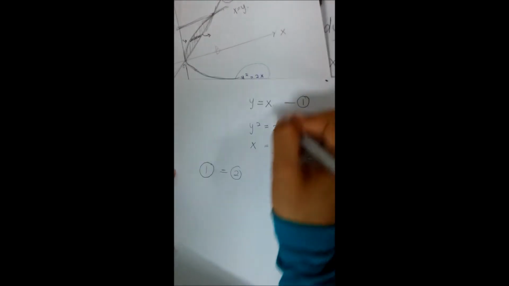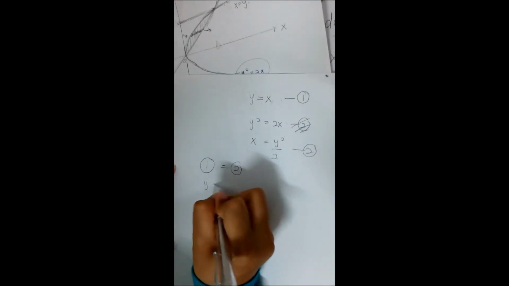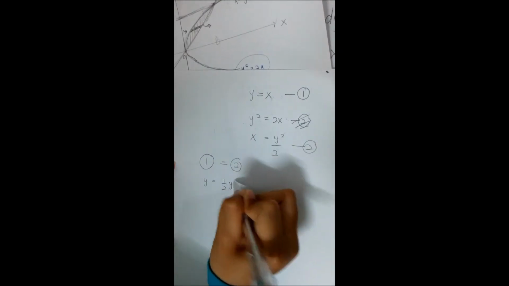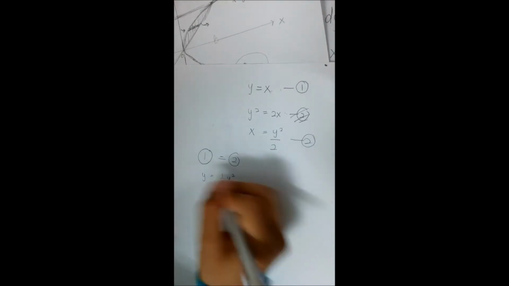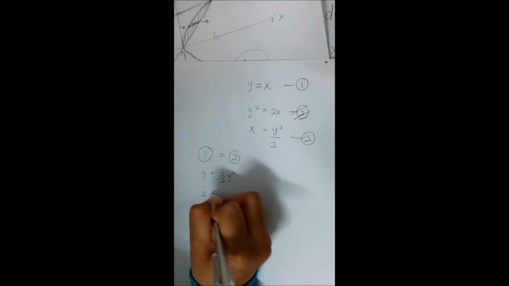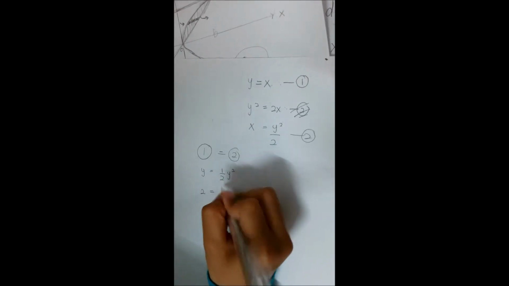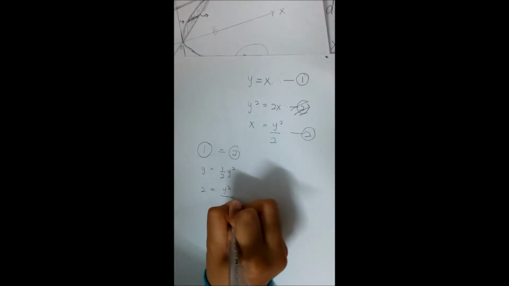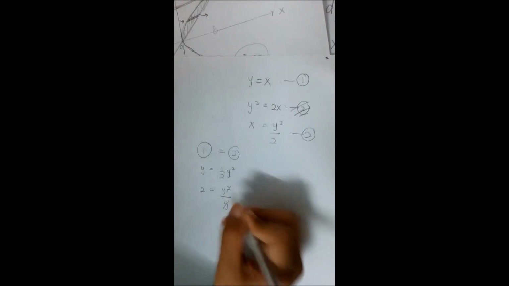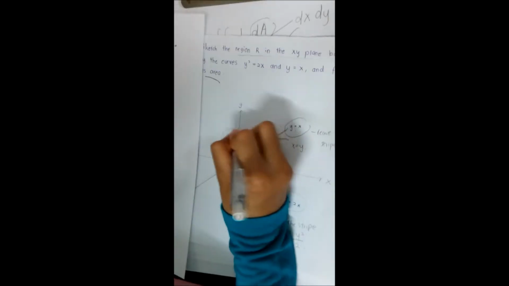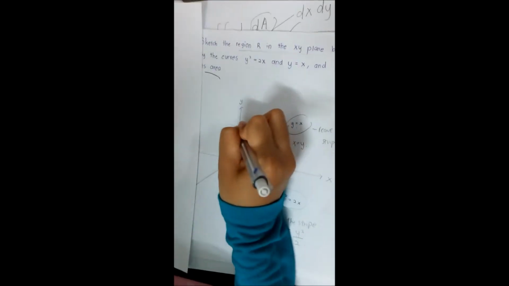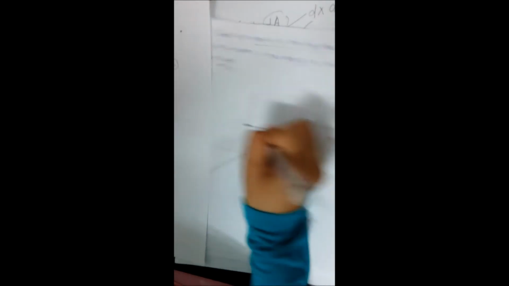So equation 1 is similar with equation 2. Since the x is similar, we can say that y equals to half y squared, right? So it will be like this, right? So y is equals to 2. So since y equals to 2, on the axis, the scales, the point will be at 2.